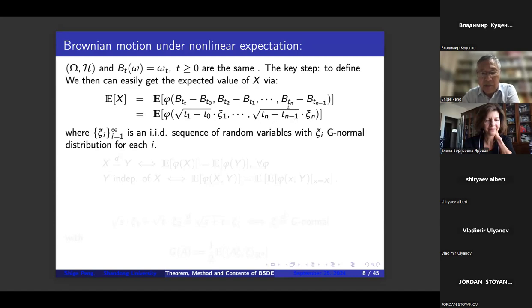We know that B t_n minus B t_(n-1) is independent from all the others. And for example, B t_2 minus B t_1 is also independent from B t_1 minus B t_0. So from here we can prove that this omega H E becomes a sublinear expectation.